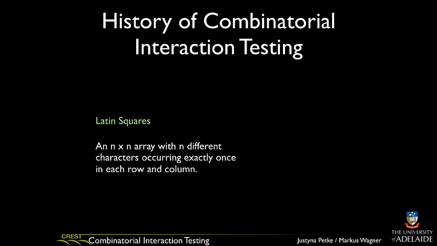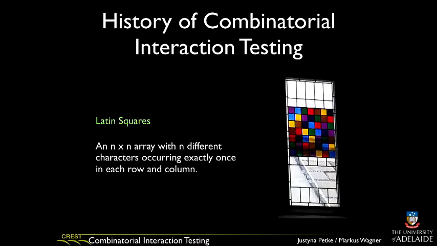Now, somewhat related, and this brings it a bit closer to mathematics and the computer science domain, is the idea of Latin squares. Latin squares have something to do with Sudoku, and essentially the idea is that you have an n by n array, could be n parameters. You could see each column maybe as a parameter, each row maybe as a test case, and the idea is that each value for each parameter is covered once in each column, each diagonal, and each row.